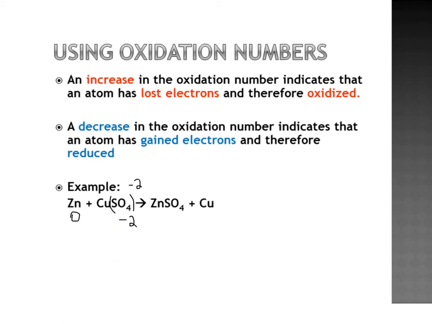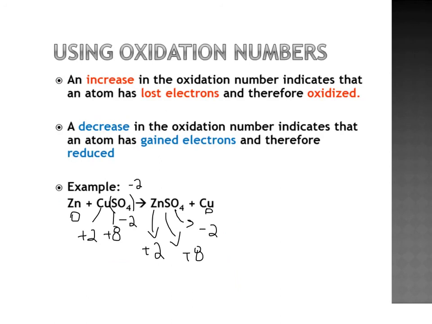So that means that our sulfur is going to be a plus 8, and our copper is going to be a plus 2. Now if we do the same here, again, oxygen is going to be negative 2, sulfur is going to be plus 8, zinc is going to be plus 2, and the copper is 0.